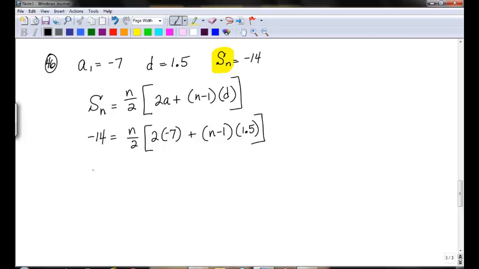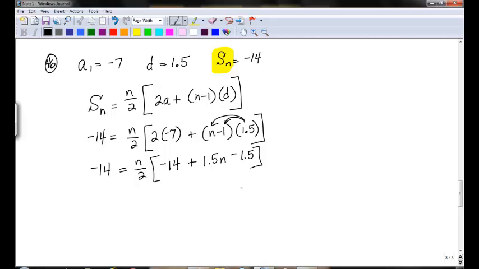Now simplify. I'm going to go inside. Simplify, that'd be negative 14. And if you multiply this out, your steps might be different than mine. Now I can get rid of that fraction real easy by doing what?